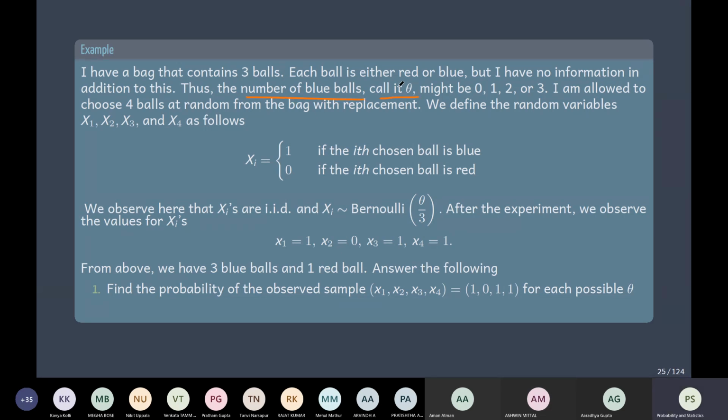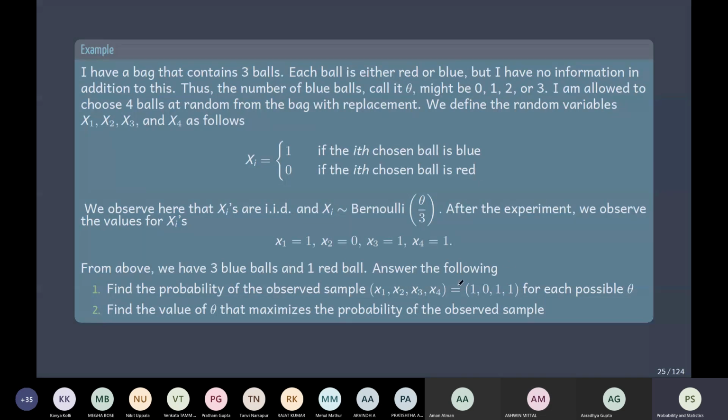So what is the probability that I will get this sample for each possible theta? And find the value of theta that maximizes the probability of the observed sample. Okay, so let us try to solve this.